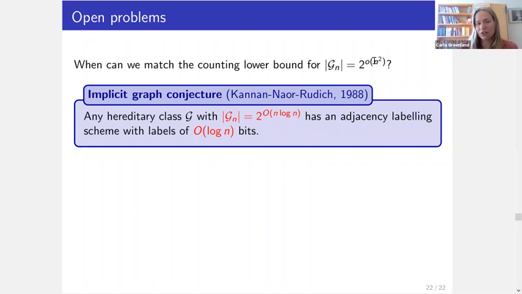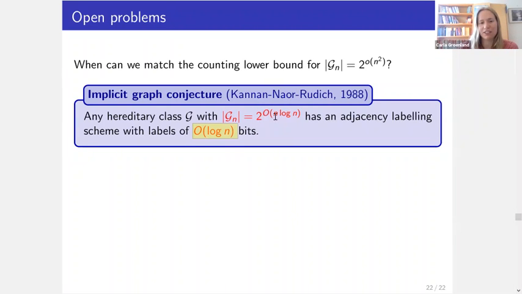So there's an old conjecture about this, which concerns hereditary graph classes with 2 to the order n log n graphs in the graph classes. And the conjecture is that for those you can basically match the counting lower bound.